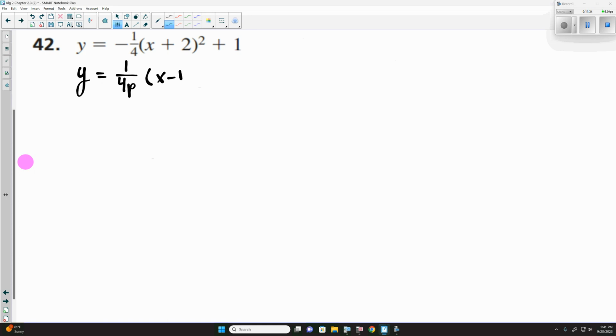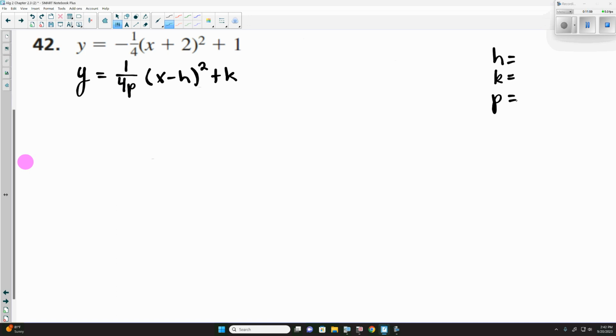I believe the one after this is x equals. So y equals negative 1/4 times x plus 2 squared plus 1. So this is our y equals equation. We'll match it up with this here. Now we do need to find the value of h, k, and p.